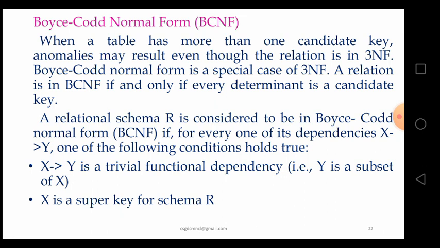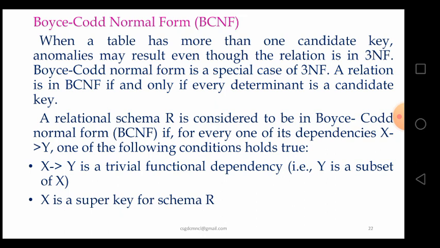A relation is in Boyce-Codd normal form if and only if every determinant is a candidate key.